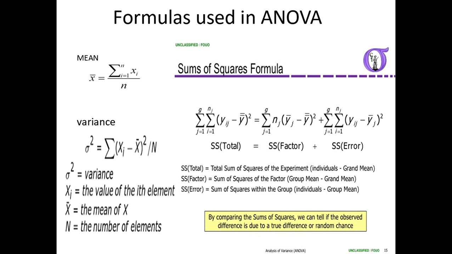SS total is the total sum of squares of the experiment individuals minus the grand mean. SS factor is the sum of squares of the factor group mean minus the grand mean. SS error is the sum of squares within the group, individuals minus the group mean. You can go through different books and articles to learn more about ANOVA and these formulas.